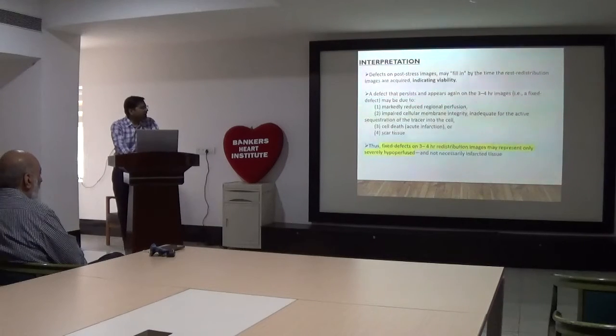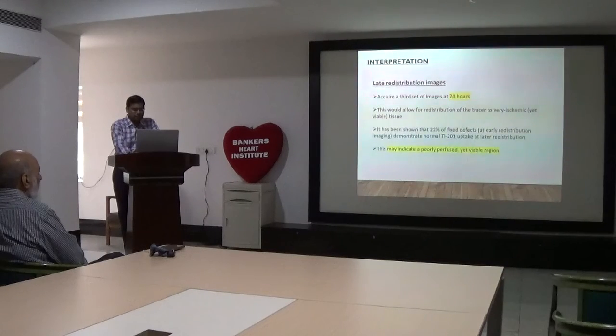The fixed defect at the 3 to 4 hour redistribution image may represent only severely hypoperfused, but not necessarily infarcted tissue. To stamp it as infarcted tissue, we have to see that the early redistribution imaging demonstrates no thallium uptake even in the later redistribution.